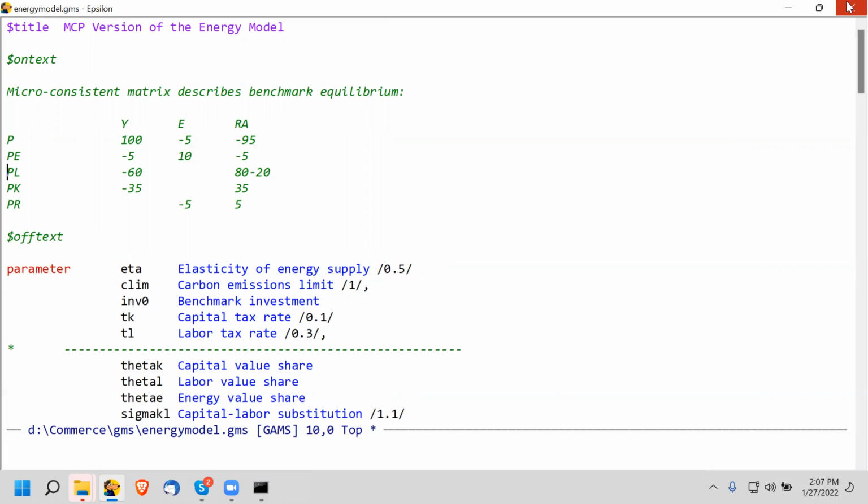He sells labor, consumes some of his own labor, buys energy, and buys output. So there's a labor-leisure choice in the model, which you can see in the adding up. Here we have 80 units of labor time, 35 units of capital, and 5 units of the energy-specific resource.